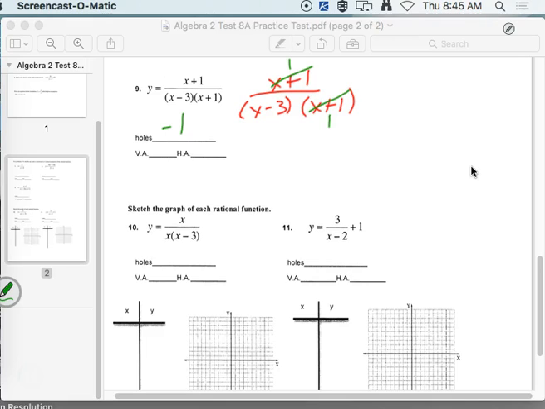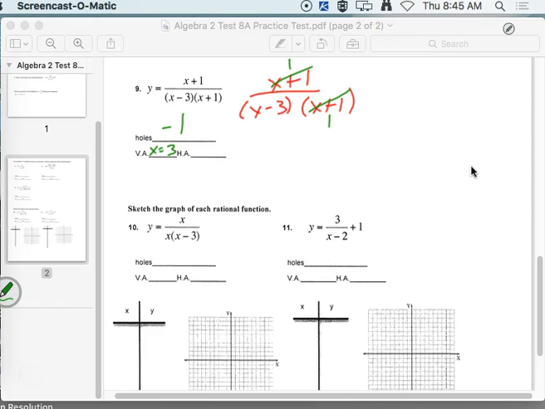So, do we get a vertical asymptote? Where is it? X equals 3, yeah. Always the denominator. Always start with that denominator and say, what would give me a 0 down here? So x equals 3. And again, it has to be x equals 3 because that's the equation for a line.